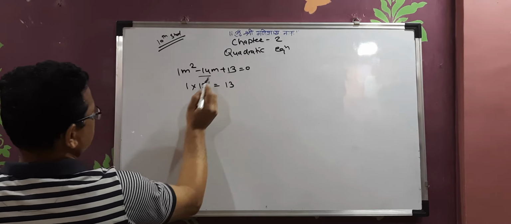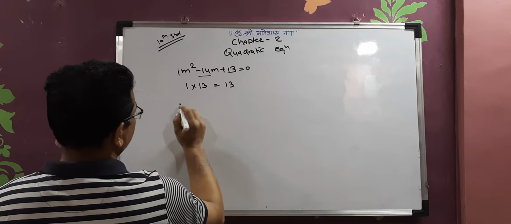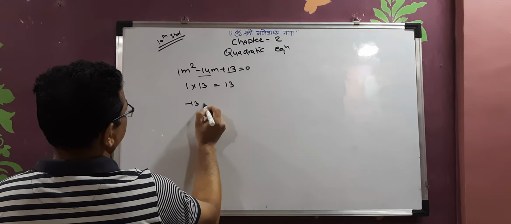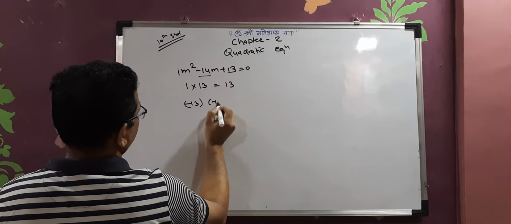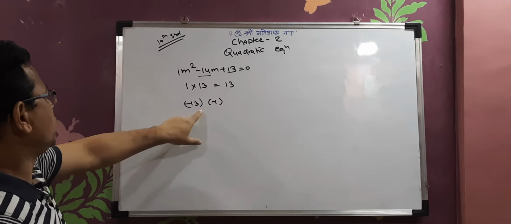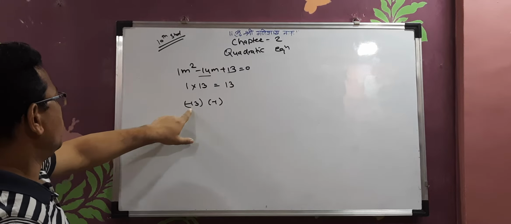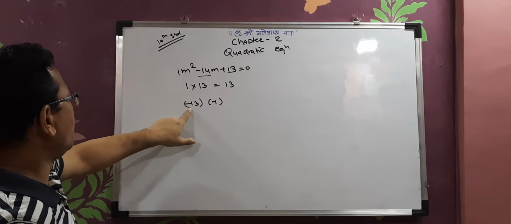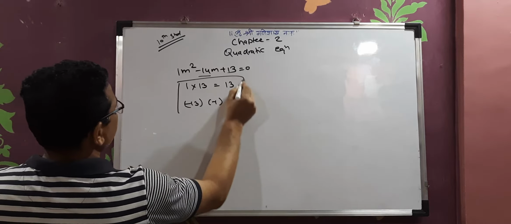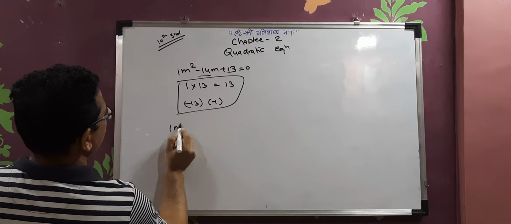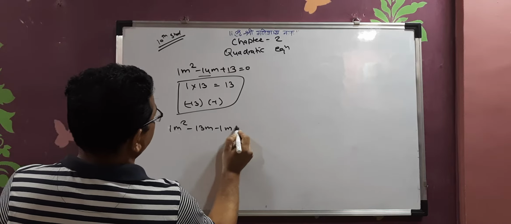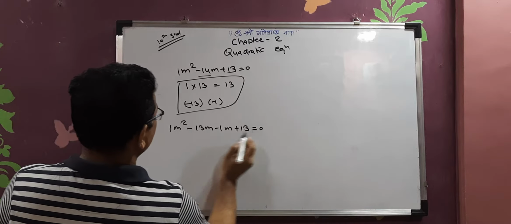So we have to split this in such a way that the product becomes 13. 13 ones are 13. So these two factors satisfy this requirement, because 13 times 1 is 13 and minus 13 minus 1 is minus 14. So we write m square minus 13m minus 1m plus 13 is equal to 0.